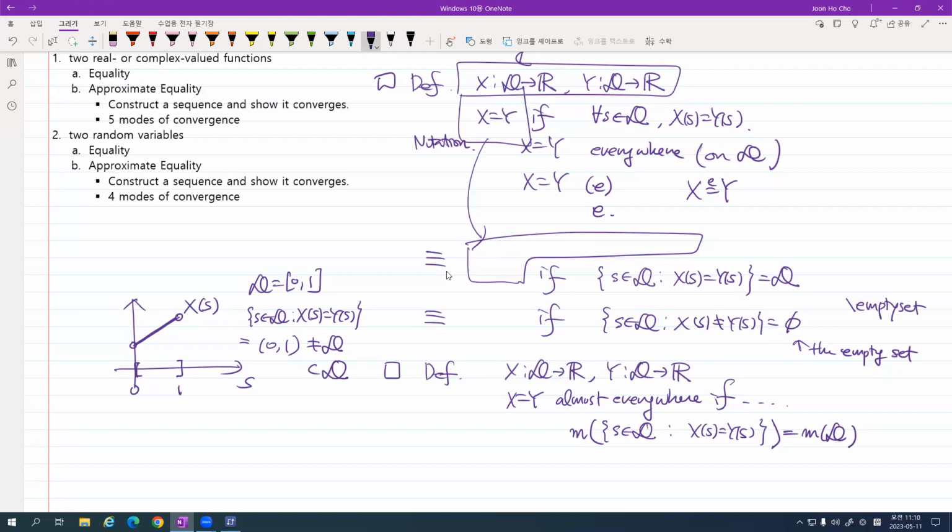Now you take the measure of that set. It's still 1, and your original domain also has measure, the length in this case, 1. So we can say x and y are equal almost everywhere on D, actually.